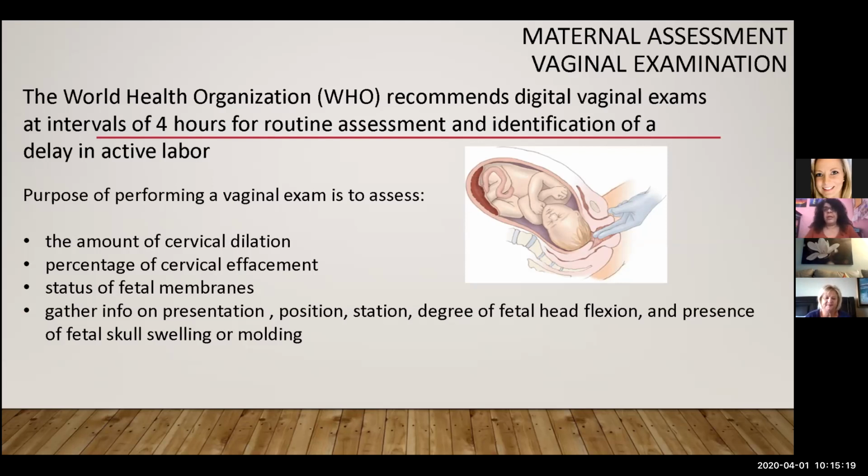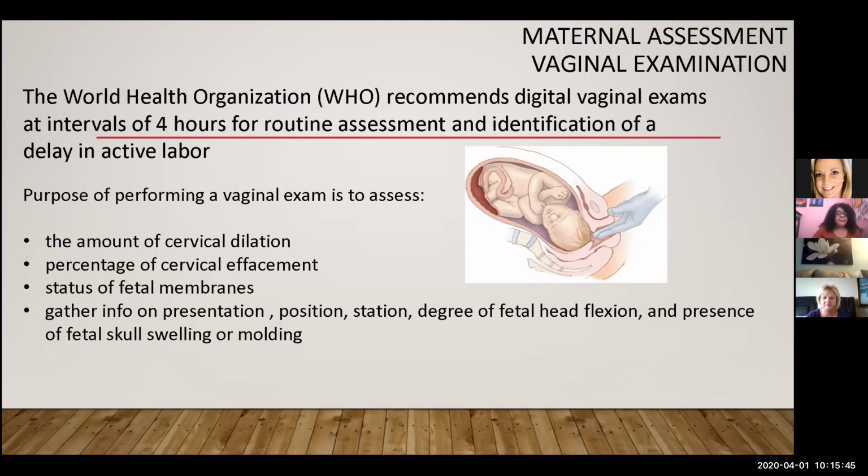Yeah, it's almost like the balloon is odd shaped. With molding, you'll see where the head fits the canal, fits the pelvis and vagina really well, so the head almost molds into the shape of the patient's pelvis and vagina so that it can fit through there better.